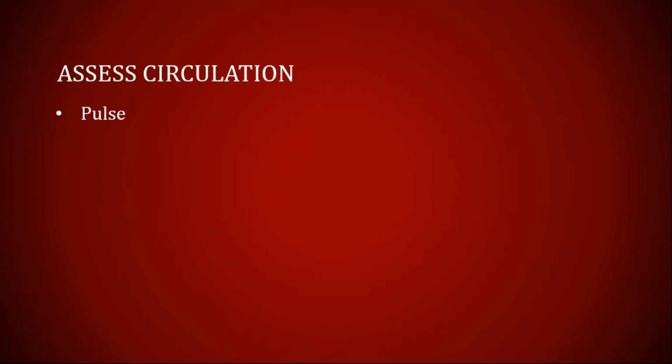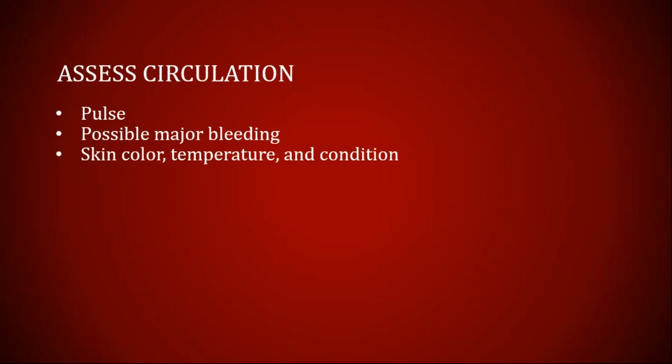So I fixed the airway, I established breathing, I provided oxygen therapy, and now I'm moving on to my circulation. So I'm checking that pulse, looking for other major bleeds that I may have missed when I did my general impression and looked for those immediate life threats. Now I'm looking for skin color, temperature, and condition.